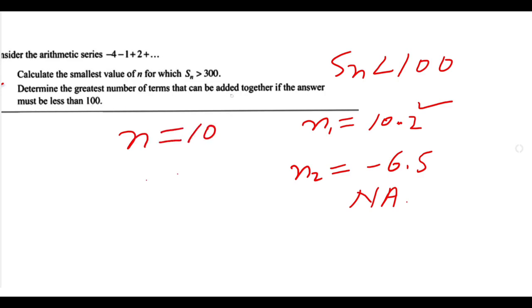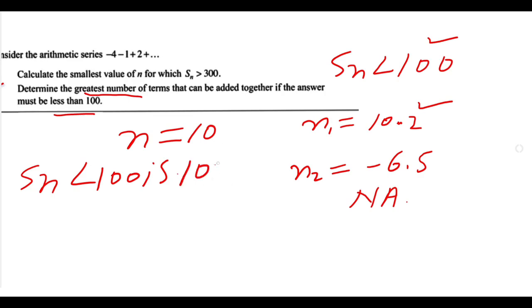So he says determine the greatest number, and it must be less than Sn of 100. This one, Sn less than 100. So therefore, the answer is 10. So this is my final answer.